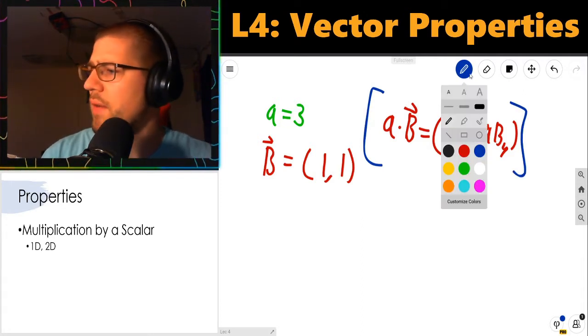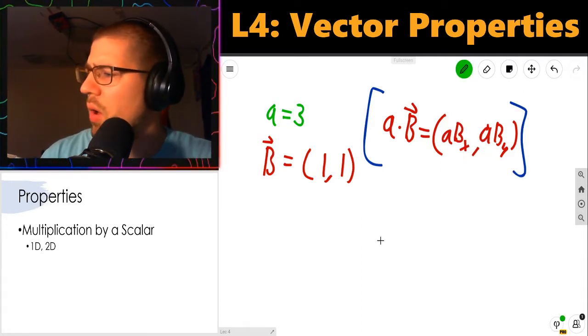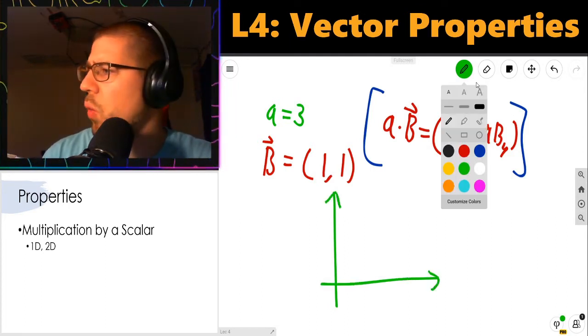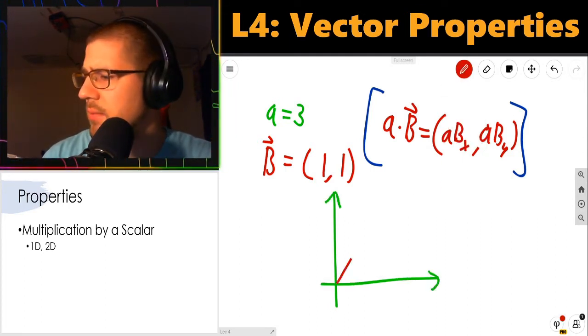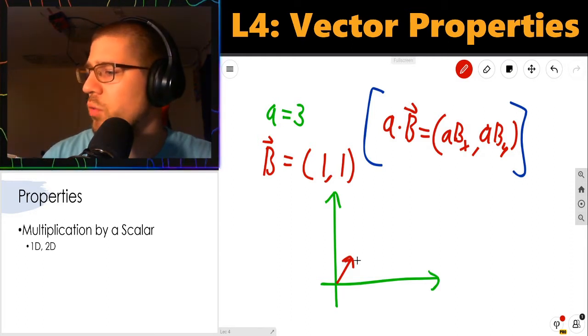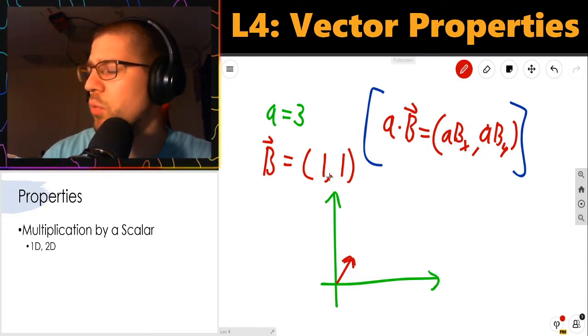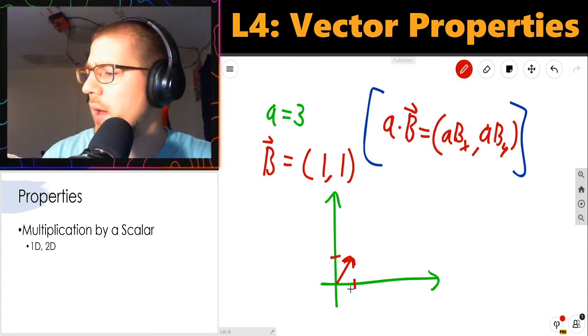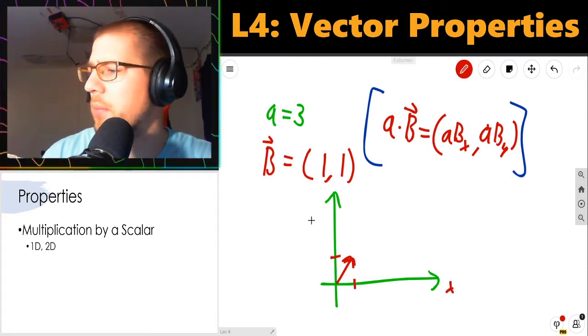So if I do that, what happens to my vector? I go from a b that is, sorry, root 2 units long, because 1 squared plus 1 squared, square rooted, is root 2, and it points up and to the right, over 1 unit, up 1 unit on my x, y plane.